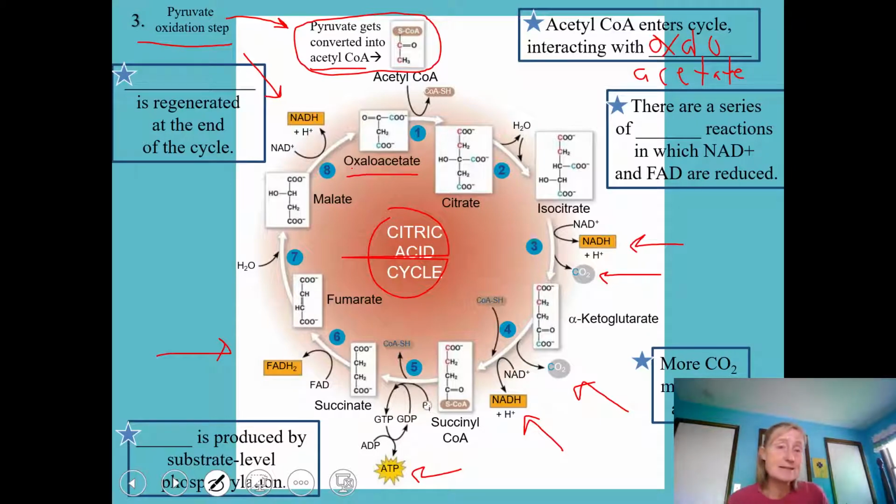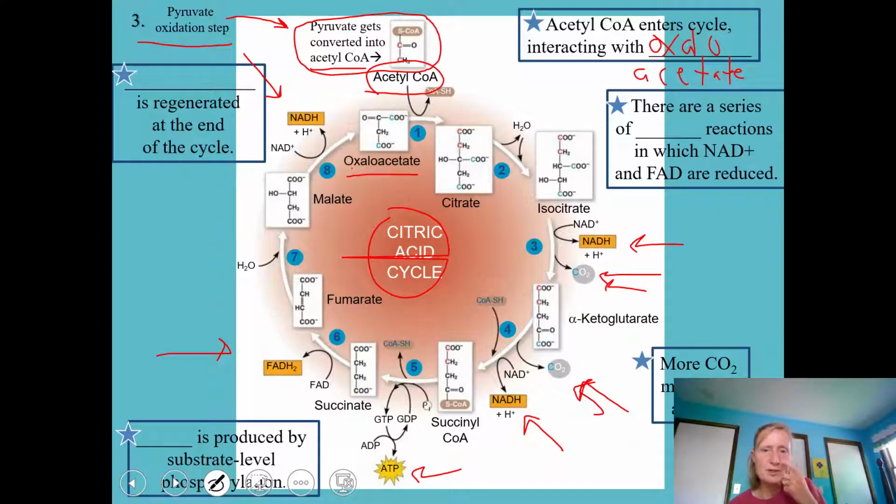What's happening in the citric acid cycle is our molecule acetyl-CoA is being completely oxidized, and the resulting waste products, carbon dioxide, are released. But as it's oxidized, other molecules are being reduced, being made, that carry high energy electrons around. Those are NADH and FADH2.